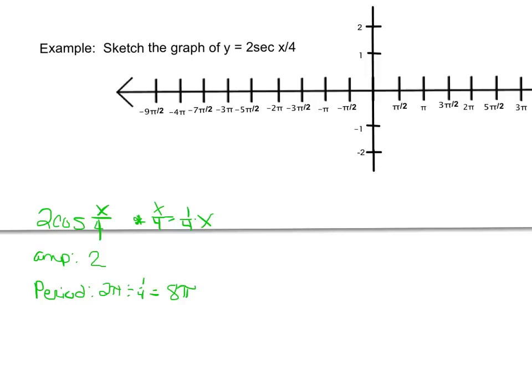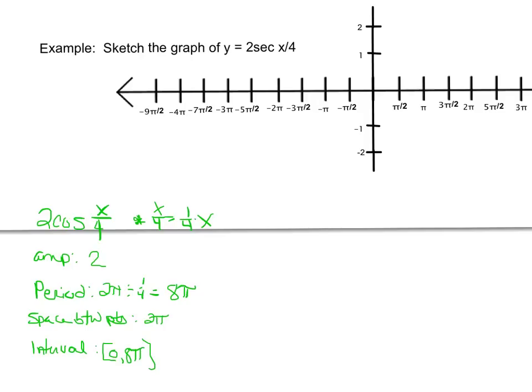I will find my space between points by dividing 8 pi by 4, which is 2 pi, so notice this is being horizontally stretched quite a bit. Since I don't have a c, my phase shift will just be 0. So my interval is going to go from 0 up to 8 pi.